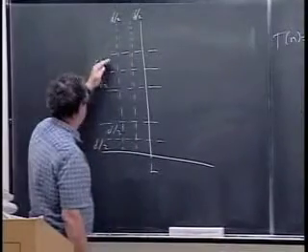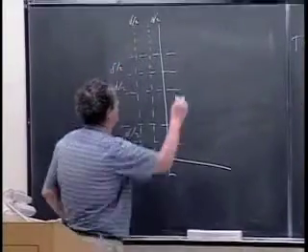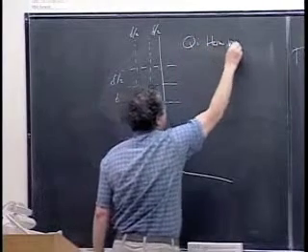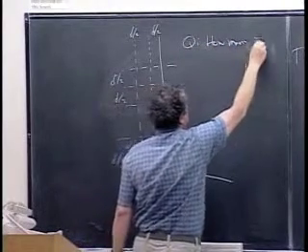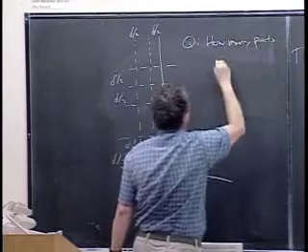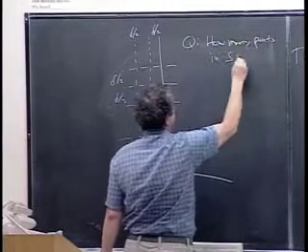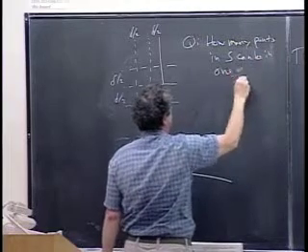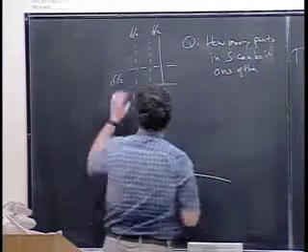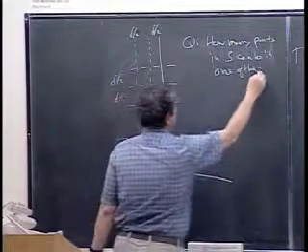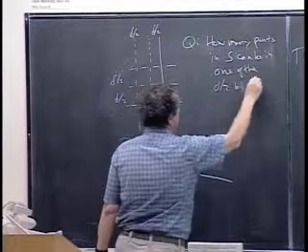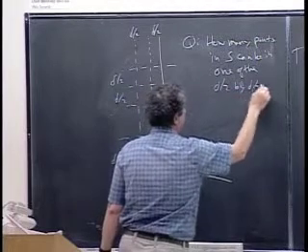All right. Now, here's the question. How many points in S can be in one of these delta over 2 by delta over 2 boxes?